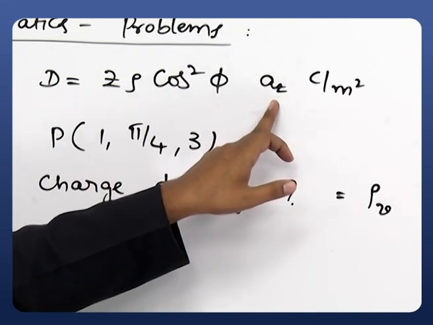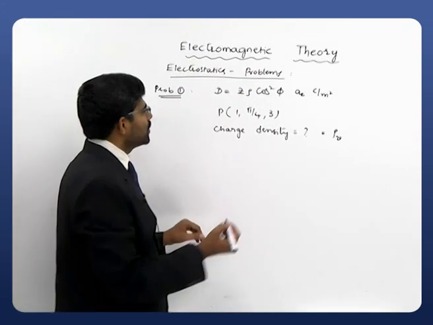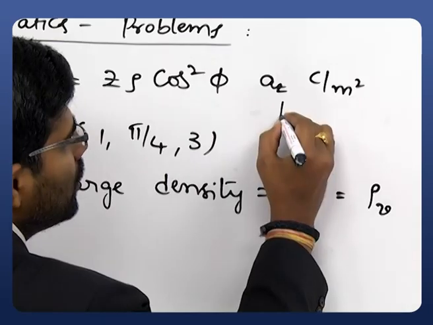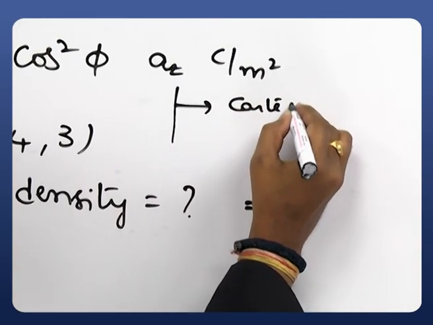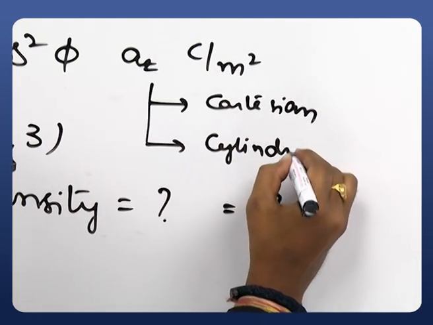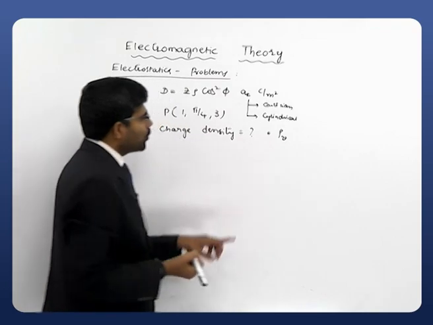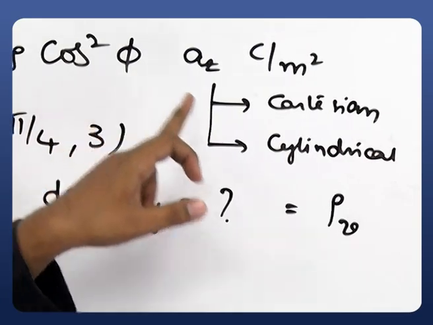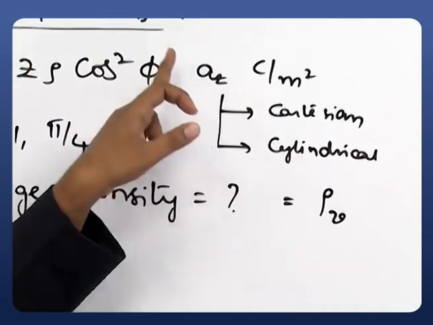Since the unit vector is Az, we need to take this either in the Cartesian coordinate system or the cylindrical coordinate system. The Cartesian coordinate system contains Az, and the cylindrical coordinate system also contains Az.